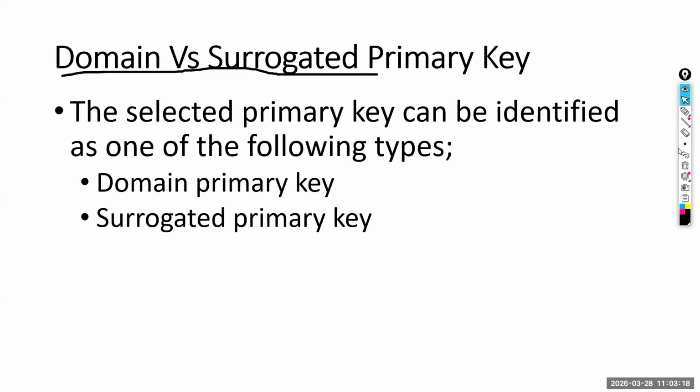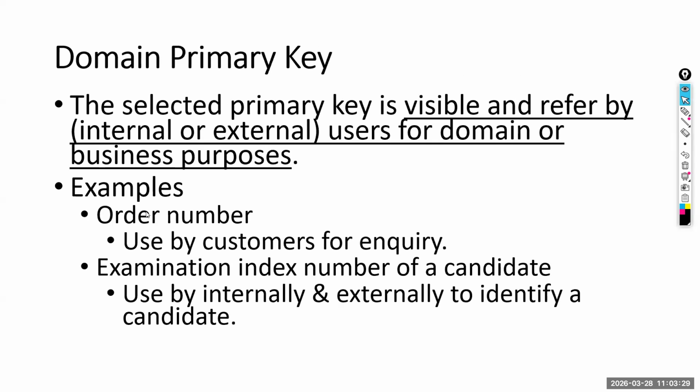The next classification is domain primary key versus surrogated primary key. A domain primary key means your selected primary key has a business meaning, or customers or employees refer to these values in their business operations.